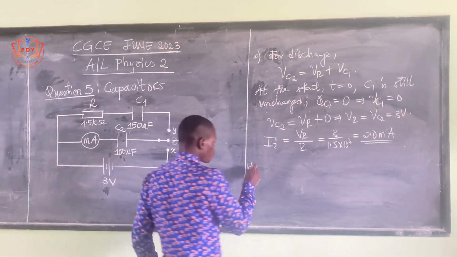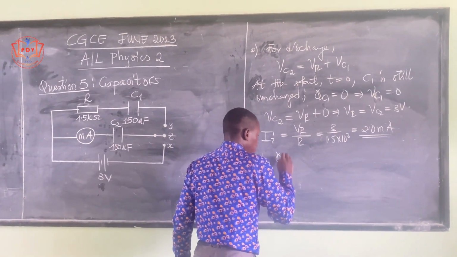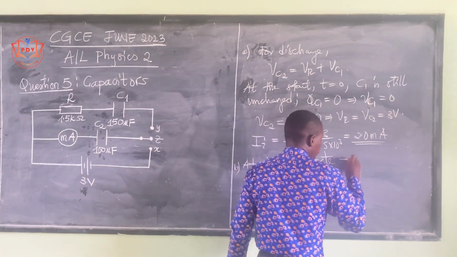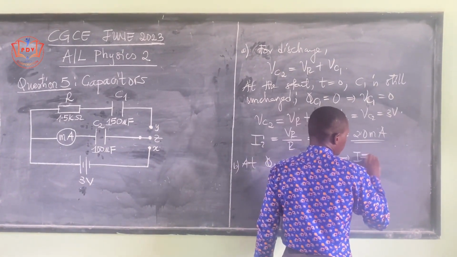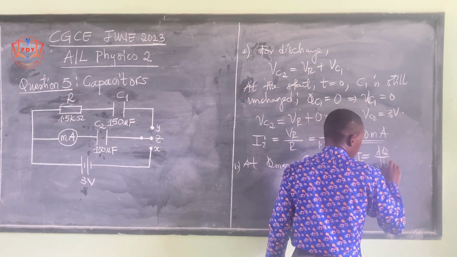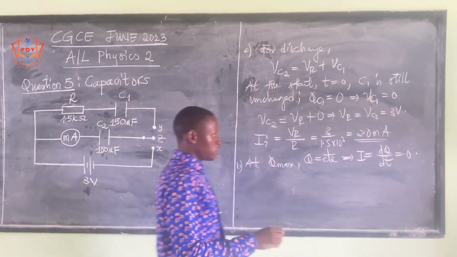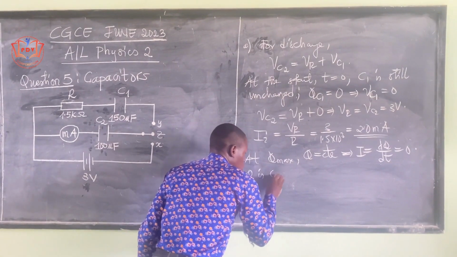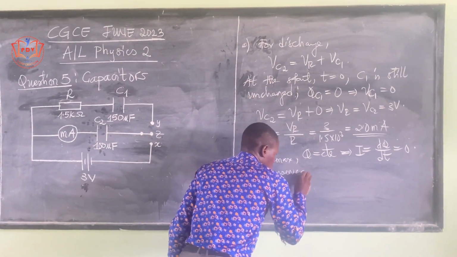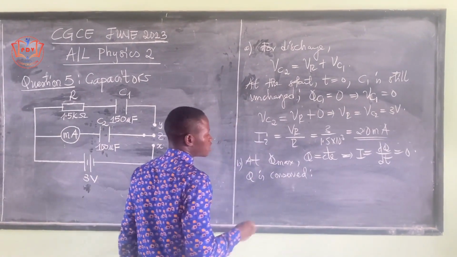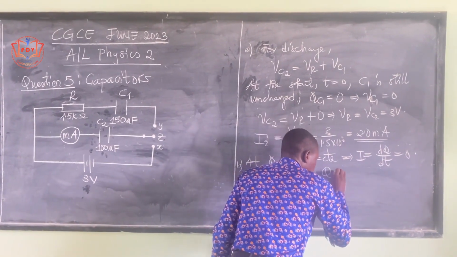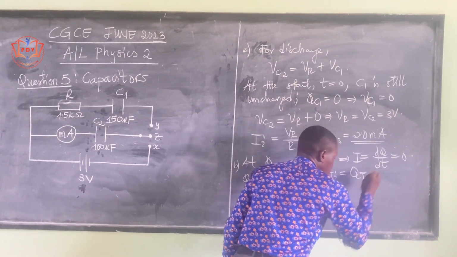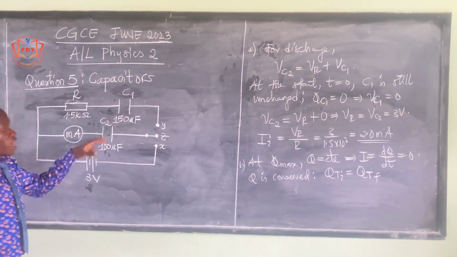So we say that at Q max, the charge Q is constant, meaning that the current, which is the rate of flow of charge, is 0. And when the current is 0, Q is conserved. The total charge in the circuit is conserved, meaning that the total initial charge is equal to the total final charge between C1 and C2.